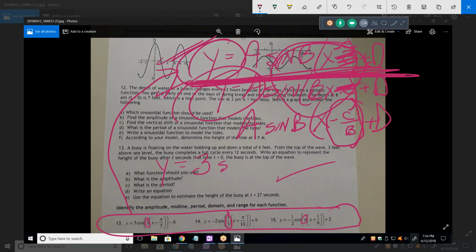If I gave you this as your equation, B is 2, but the phase shift is not pi over 2. I have to factor out that 2 to get it on that side of the equation, and that turns it into pi over 4. So the phase shift is pi over 4. It depends on whether that B is inside or outside the parentheses as to what your horizontal shift is.